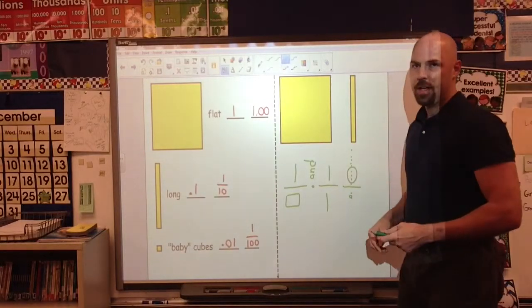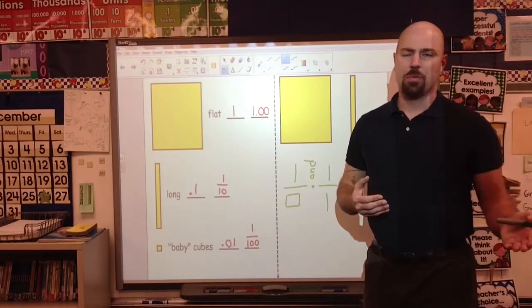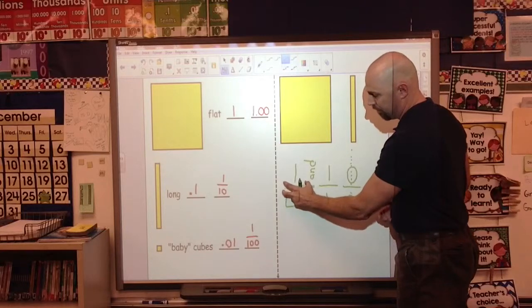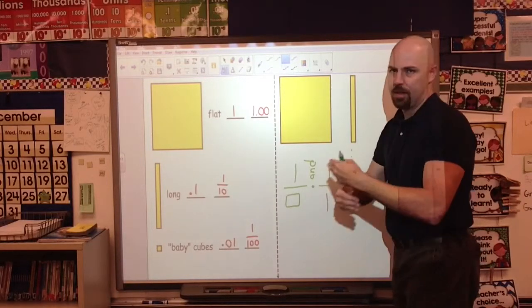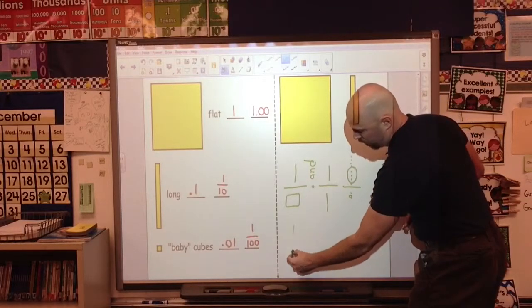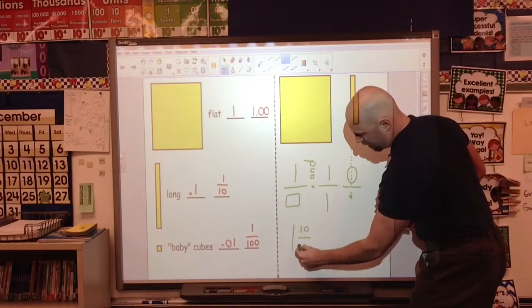Remember before when we talked about turning a decimal into a fraction? This is what we call a mixed number, because we've got a number out in front of the decimal, and we've got numbers behind. We're mixing them together. And this is going to help when we get to fractions, because it's going to look like this: 1 and 10 hundredths.